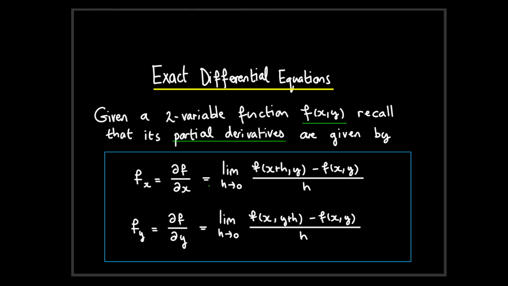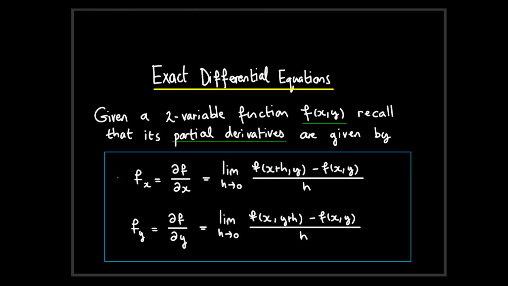Well, formally, it's given by this formula here, which you see looks very close to the single variable definition of derivative. And the reason for this is because of how we're treating y in these kinds of derivatives.